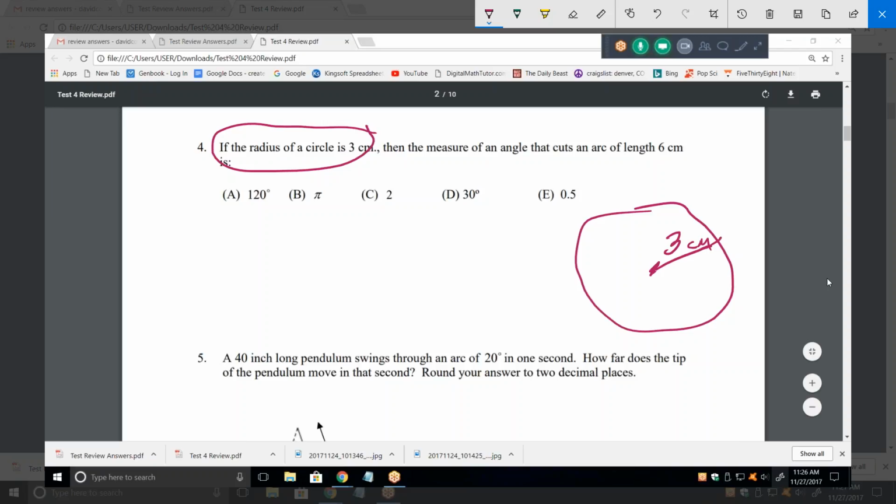Then the measure of an angle that cuts an arc of length 6 centimeters, measurement from here to there, is... You want to think about it for a moment before I say anything? Sure.